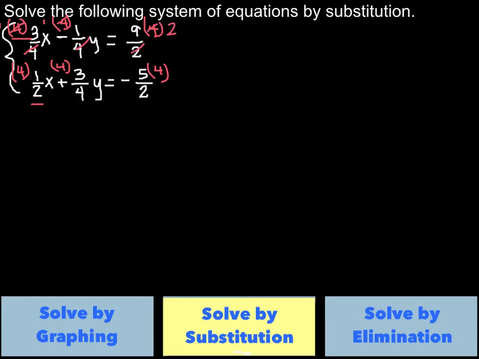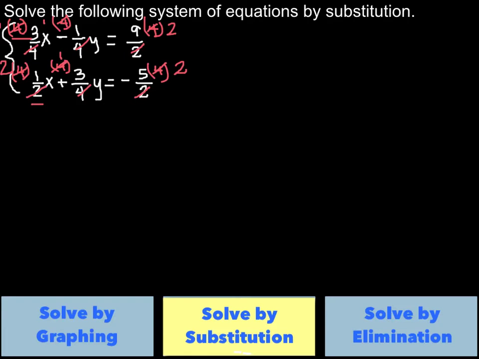Now let's go ahead and get rid of these. See, I'm dividing out the bottoms. 2 will go into 4 twice. 4 will go into 4 once. And 2 will go into 4 twice. Now all I have to do is multiply the numbers that I have left over.